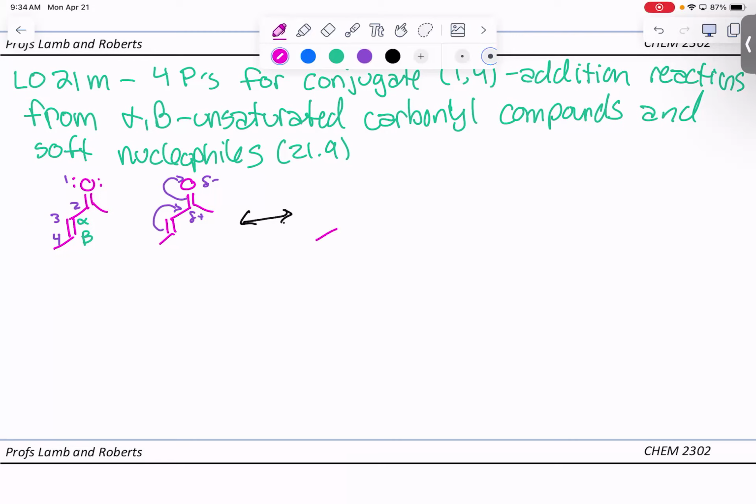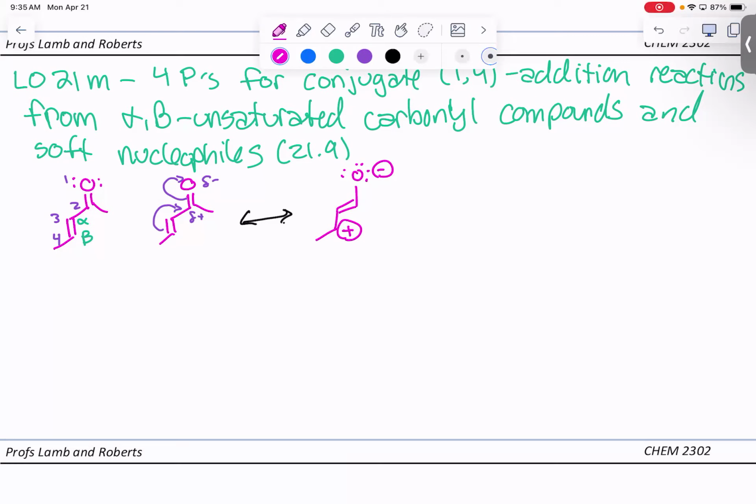So you'll recognize this kind of looks like an enolate. But because we've broken a CC double bond in our alkene, that means we have a positive charge at that 4 position or that beta position, right?